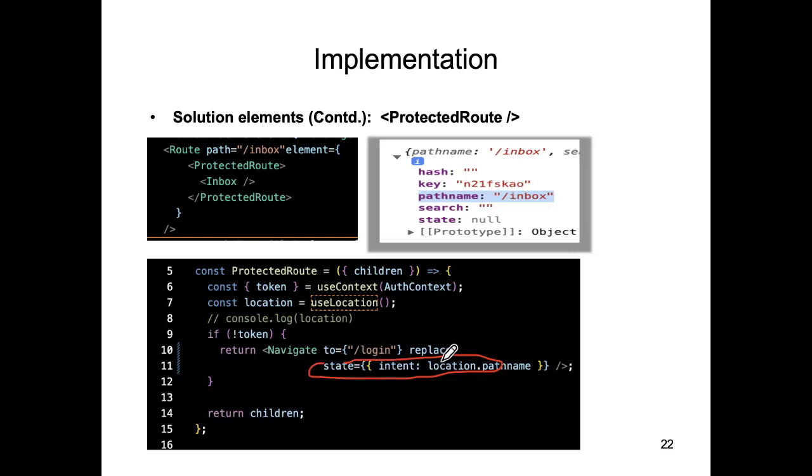The value that I'm assigning to that intent key, though, is location.pathname. And location.pathname will actually have the URL that the user was trying to access. So I'm essentially passing this information on to the login page so that it can get at it subsequently.